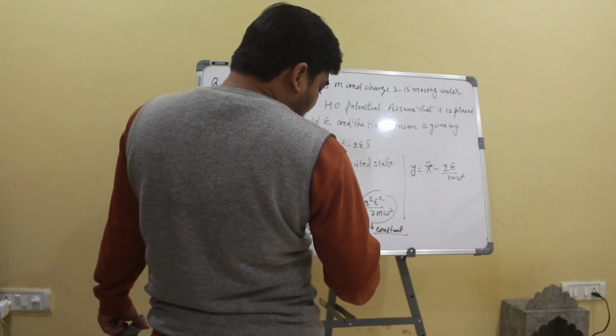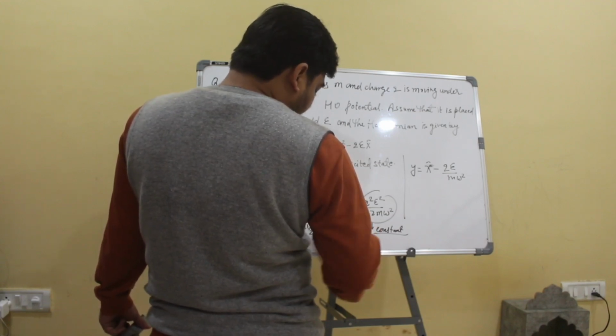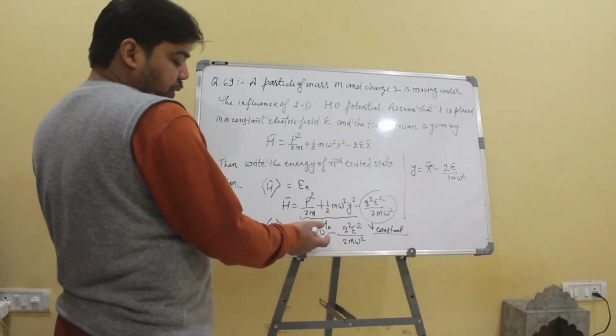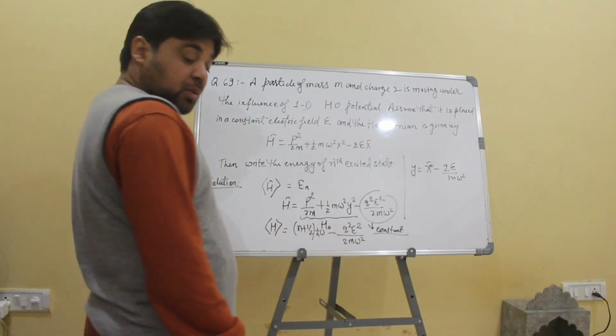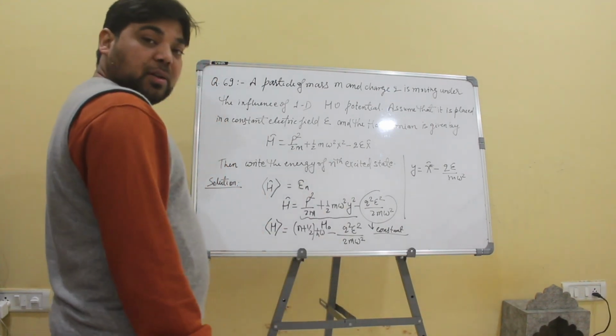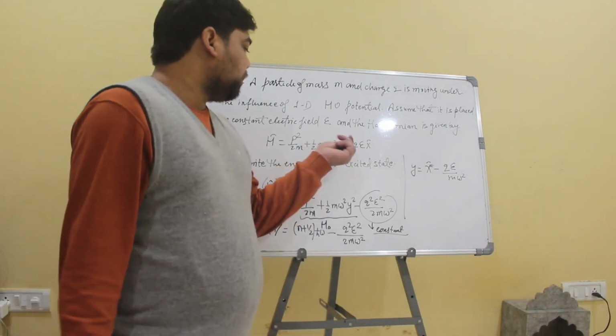It acts like a constant perturbation term. So the energy will be n plus half h cut omega minus q square epsilon square divided by 2m omega square. A simple but very significant problem.